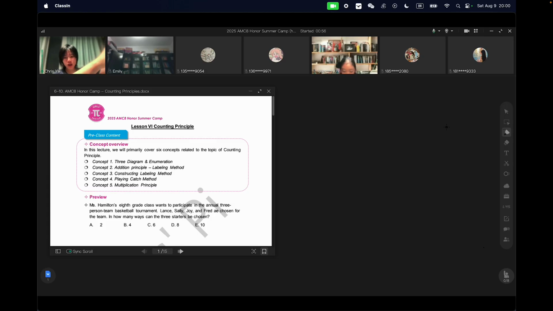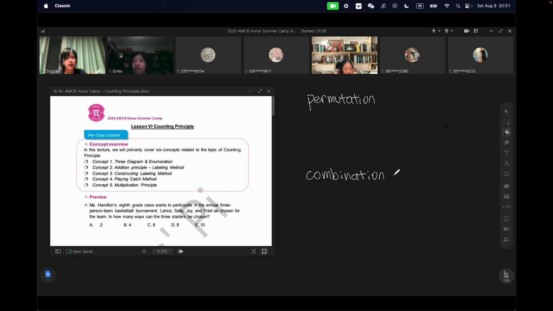So firstly is permutation and combination. For permutation, it's pretty simple. For example, if a question asks something similar to, if there are 3 people, how many ways can they be sorted to stand in the queue, then we're going to use something that will be denoted as this or this.